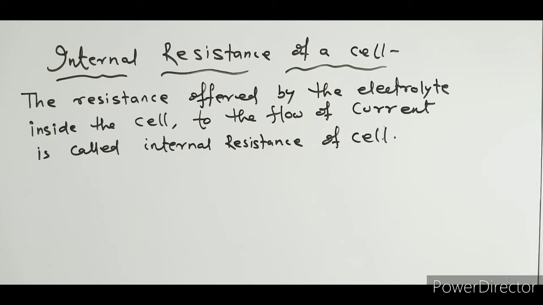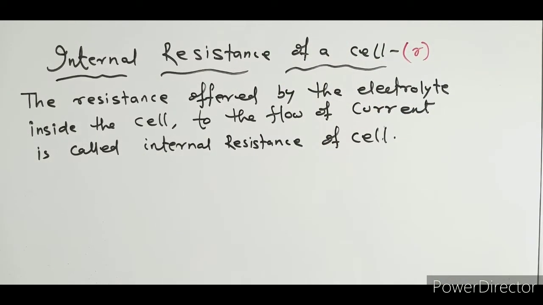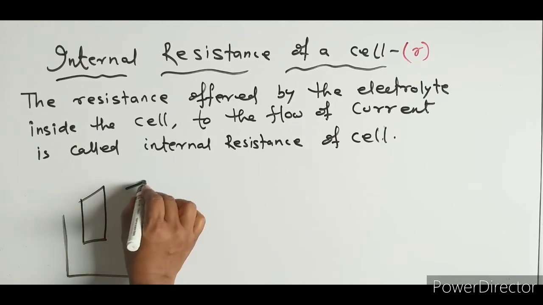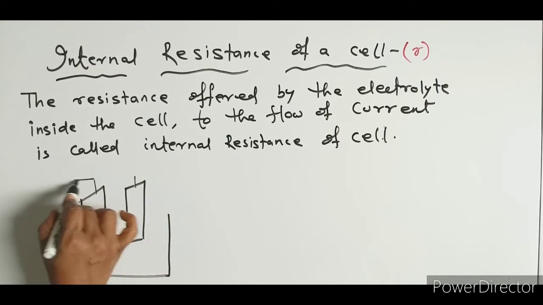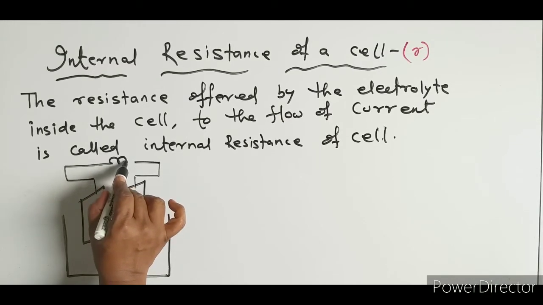Internal resistance of a cell. When we go for internal resistance of a cell, it is typically represented as small r. What we discussed earlier was an electrolytic cell with two electrodes and a connection to a bulb or resistor.